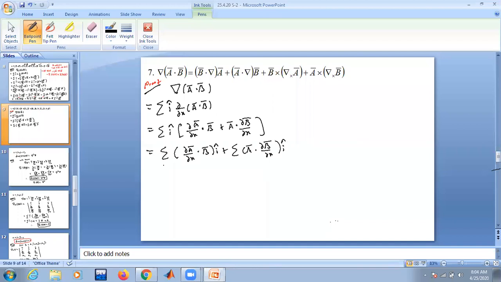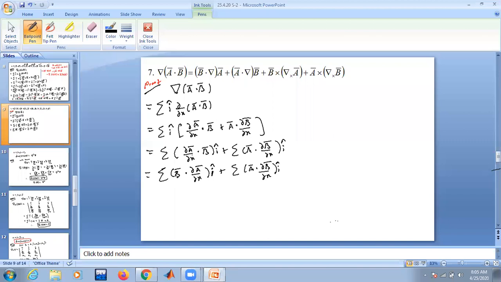Again, I would like to see these two terms similarly. So instead of dou A bar by dou x dot B bar, I would like to write it as sigma B bar dot dou A bar by dou x into I bar, because the dot product is commutative, plus sigma A bar dot dou B bar by dou x.